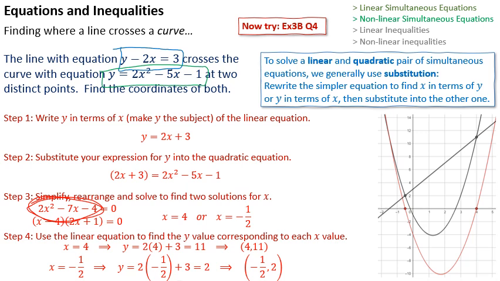But when we combine them and simplify and turn it into one expression equals 0, it's now equivalent to saying, where does y equals 2x squared minus 7x minus 4 cross the x-axis, the line y equals 0? And you can see, if you look closely, the red points where the red quadratic crosses the x-axis correspond perfectly to the x-coordinates of the crossing points between the quadratic and the line that we had at the very beginning. Now you can try 3b, question 4. And when you're done with that, come back and we'll look at some more examples.